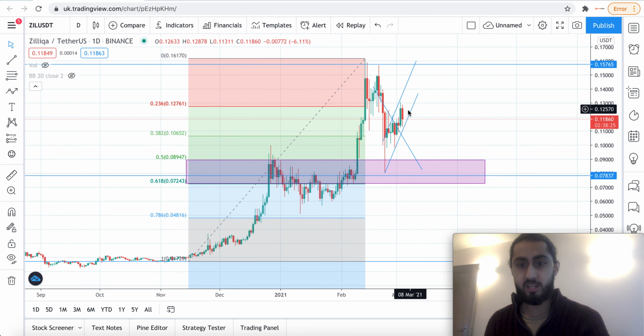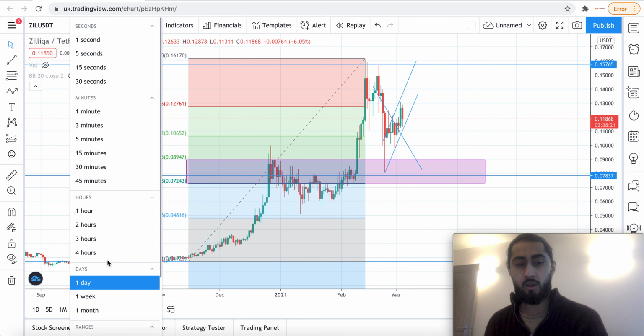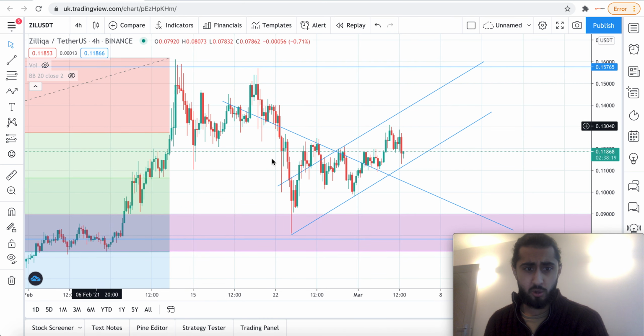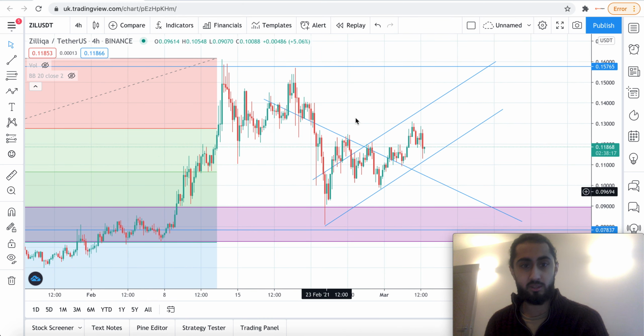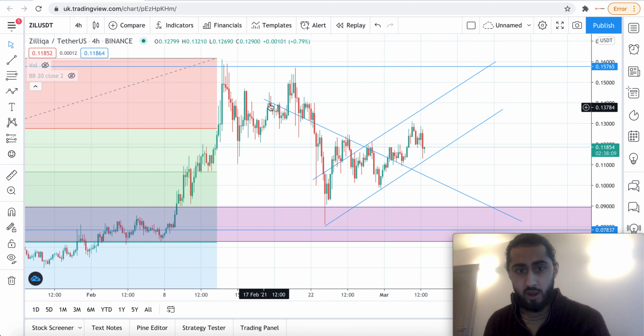I've marked out ascending channels and some trend lines, and I'm going to show you that more clearly on a 4-hourly view. If we look at a 4-hourly view, we can see everything zoomed in a little bit more. I've put this as a resistance level right at the top, and we can see some trend lines here. Right now we've got this trend line going down. You can see it was resistance, and you could even pull it back to around here as well.